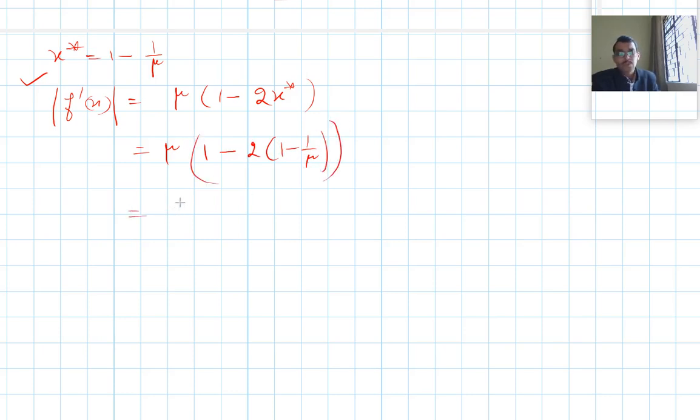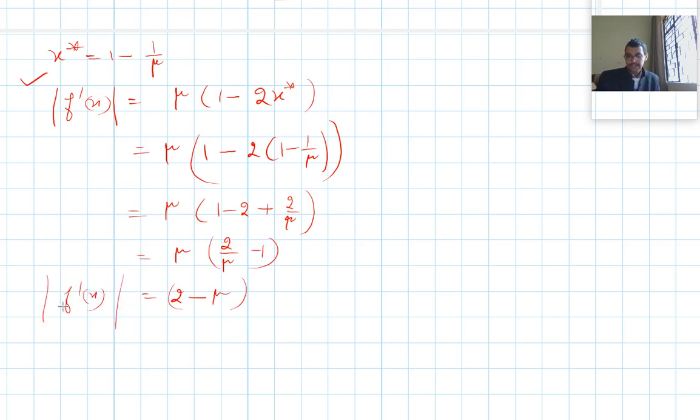It is equal to mu into 1 minus 2 plus 2 over mu. So it is equal to mu into 2 over mu minus 1, and it is equal to 2 minus mu. That's what we are getting. So it is mod of f prime x, right?